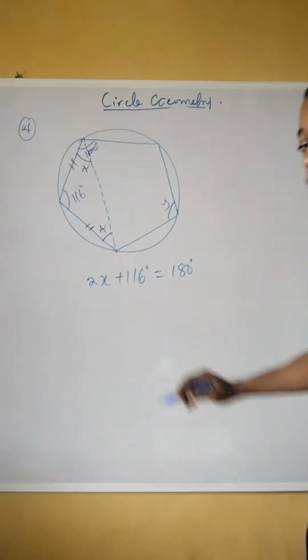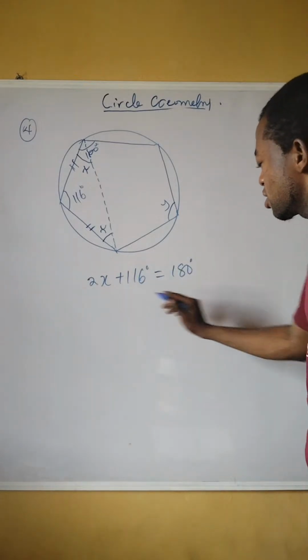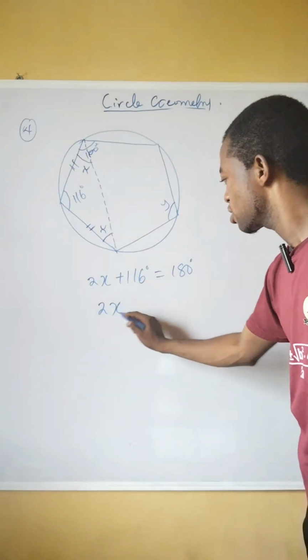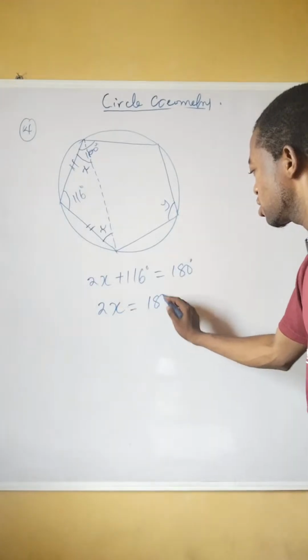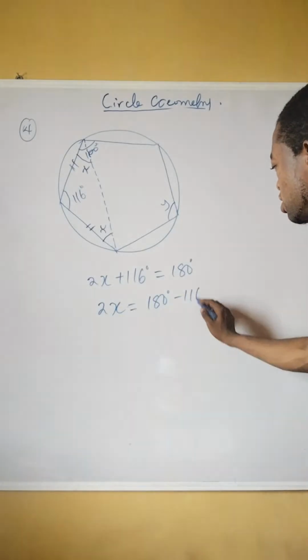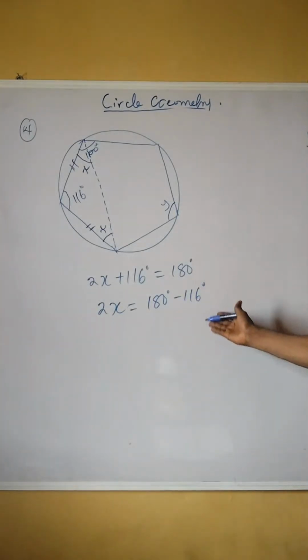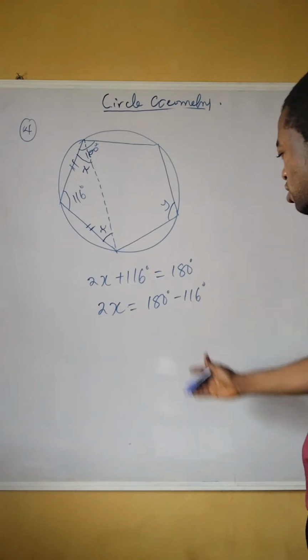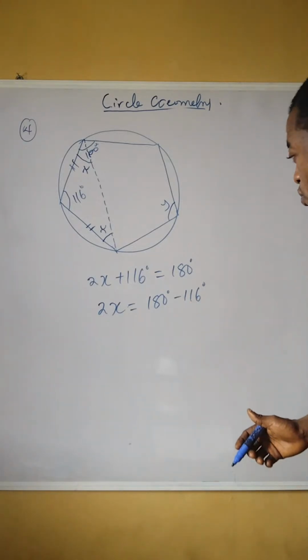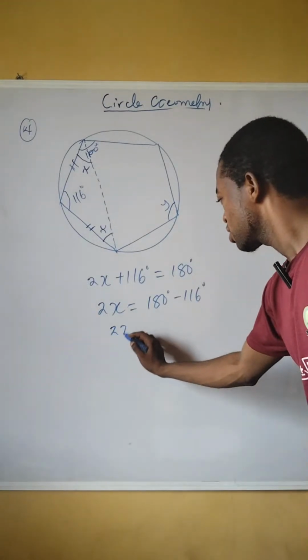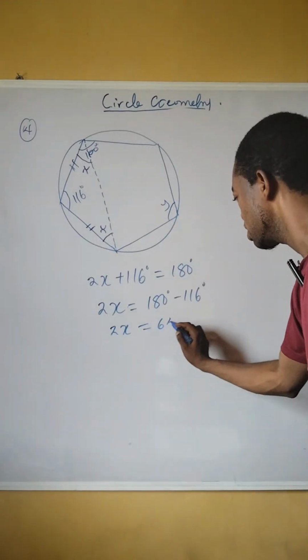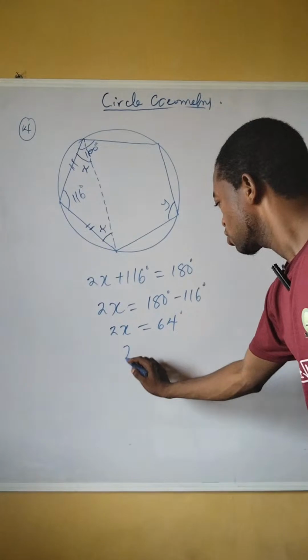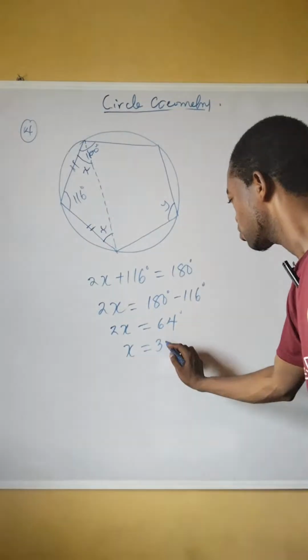That's the sum of angles in a triangle, right? Taking 116 away, we have 2x equals 180 degrees minus 116 degrees, which gives us 64. So 2x equals 64. Then divide both sides by 2. So x equals 32, okay?